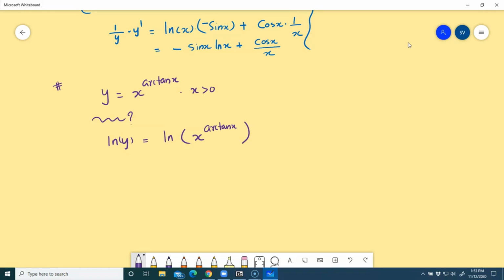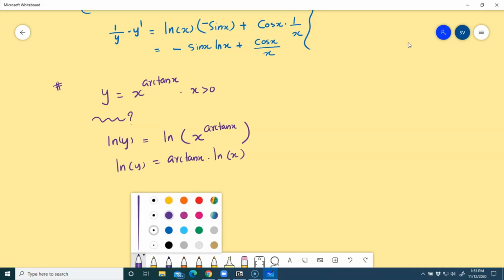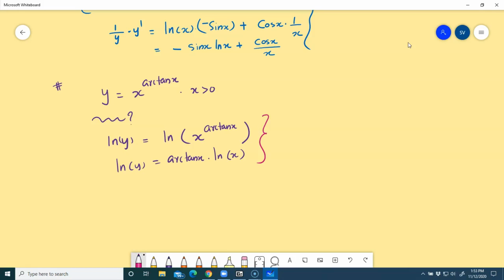This becomes arc tan x times ln of x. So ln of y equals arc tan x times ln of x. Now step 2 is differentiation. This is step 1.